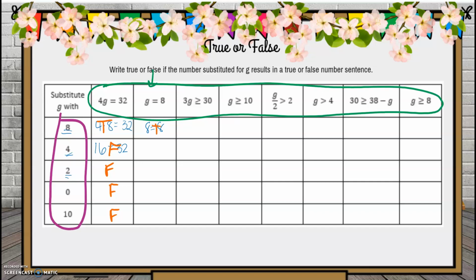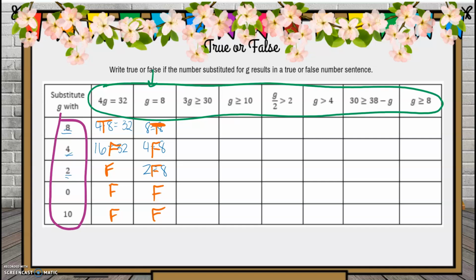That is true. So does 4 equal 8? That is false. Does 2 equal 8? That is also false. 0 does not equal 8 and 10 does not equal 8. The only thing that makes it true is that first one when G equals 8.